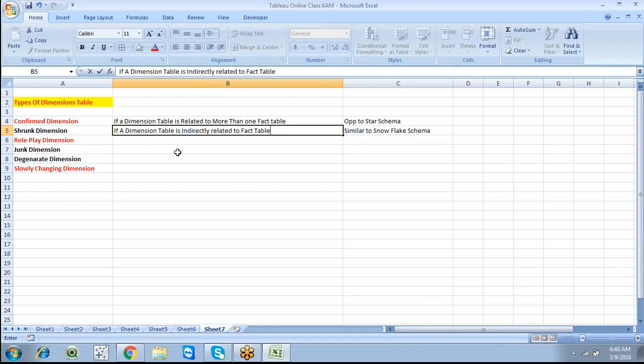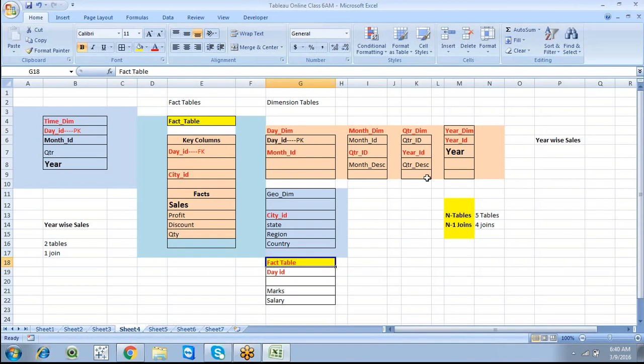It's a simple definition: if a dimension table is indirectly related to a fact table, that is called a shrunken dimension. We already discussed that it is almost similar to a snowflake schema.